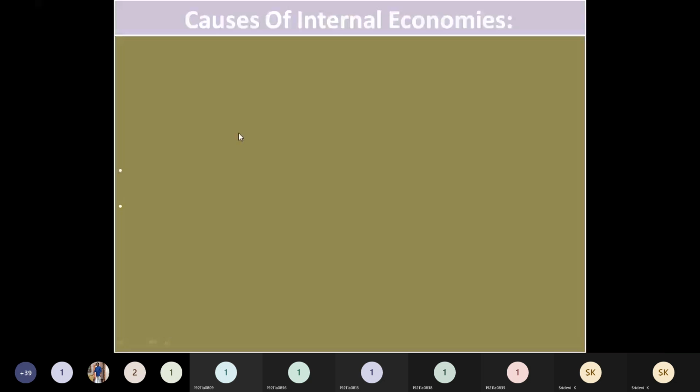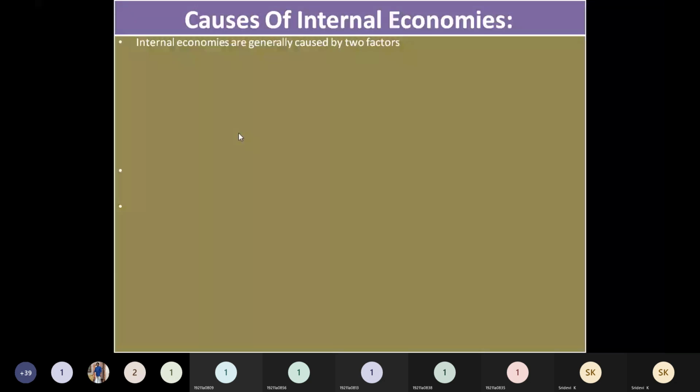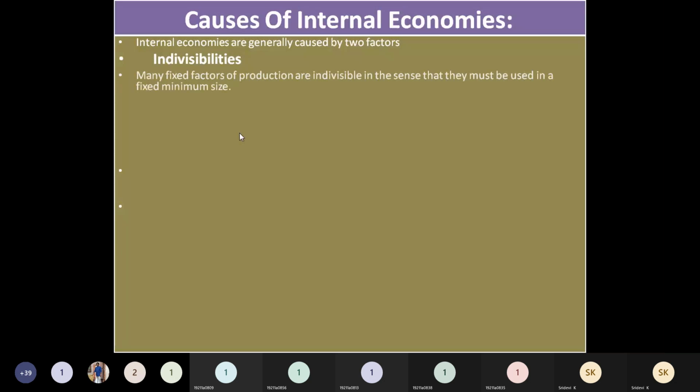Why these internal advantages appear, there are certain causes, reasons. One is indivisibilities. Indivisibilities means that which you cannot divide into parts to a fixed size of quantity.